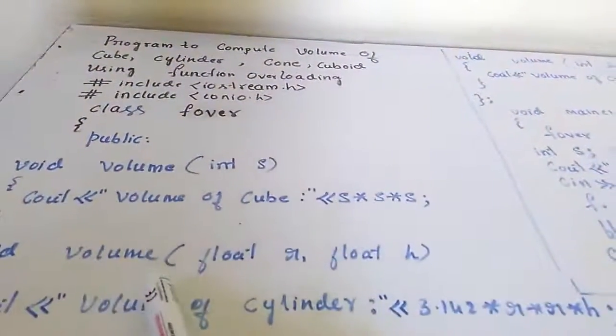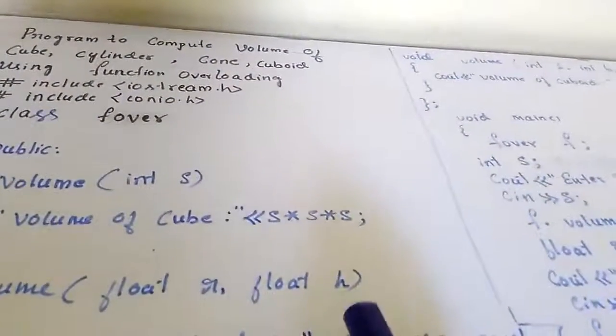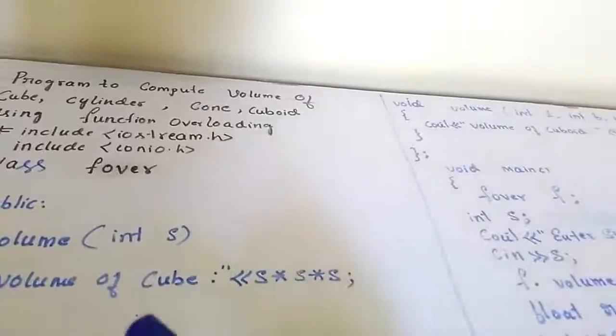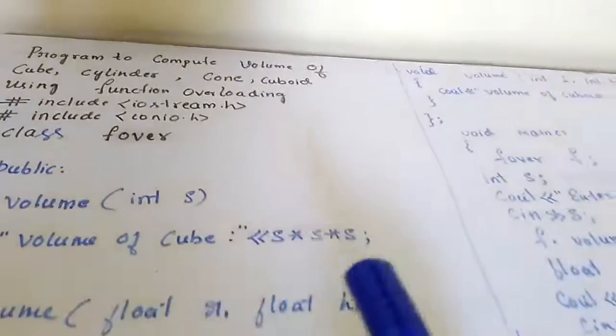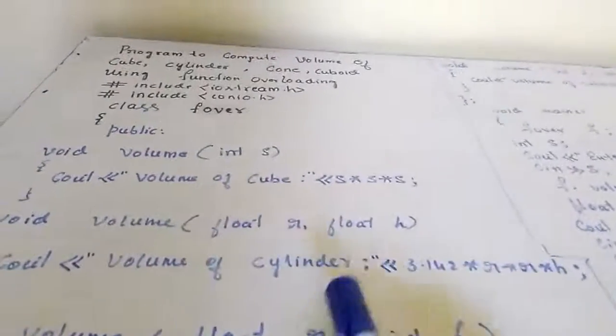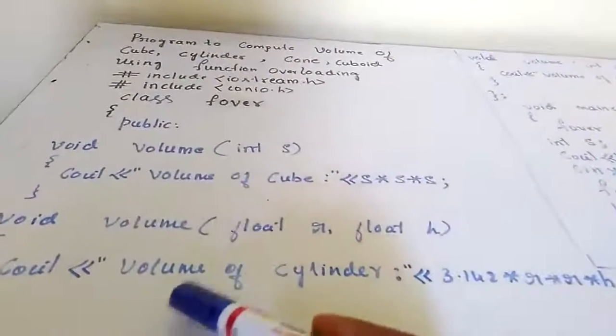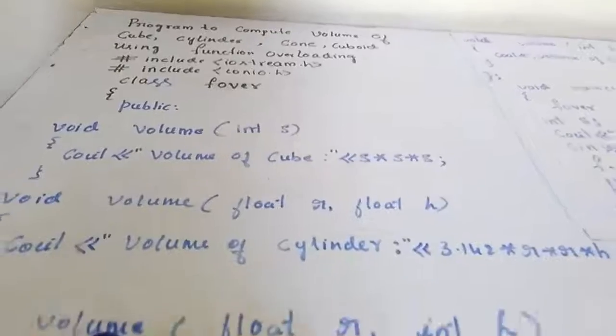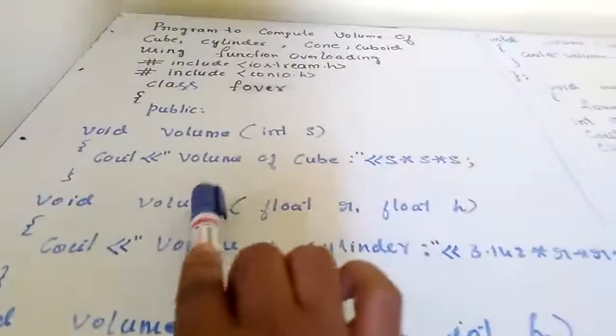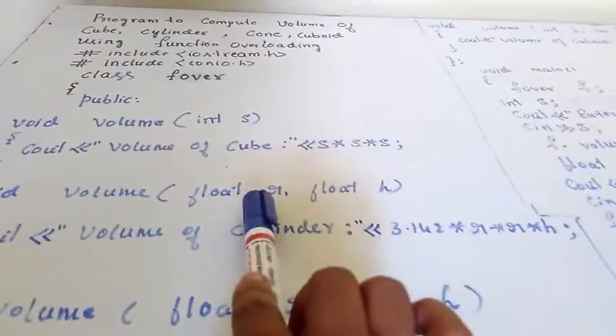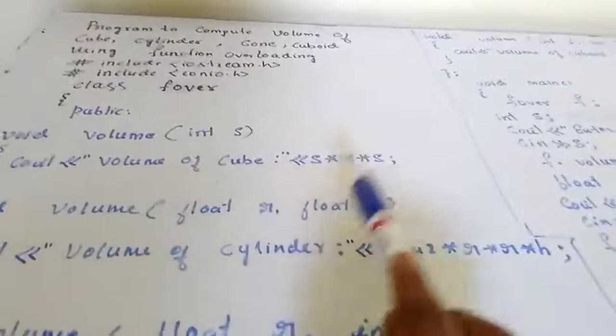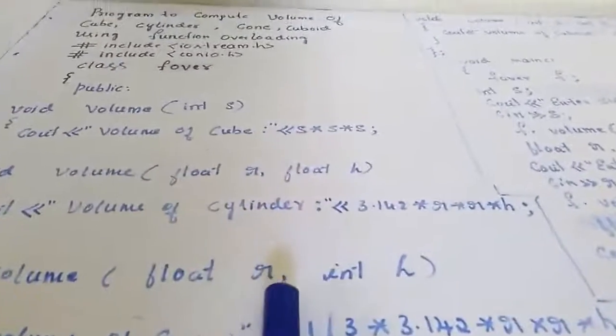The other volume function has two arguments, so they differ in both number of arguments and type of arguments. In the next function, see these two functions have the same name, volume, and both take two arguments.